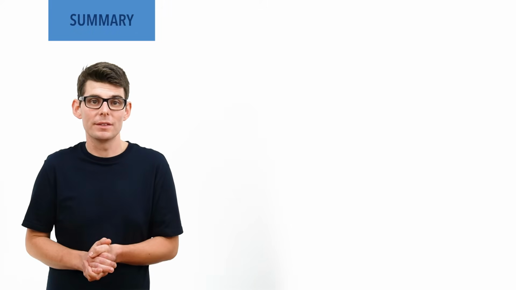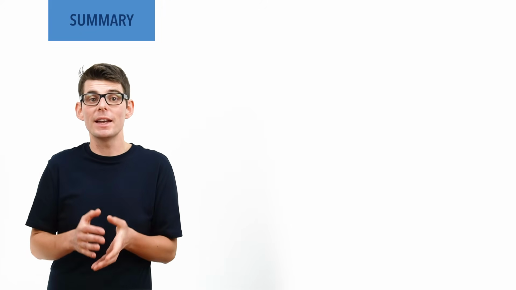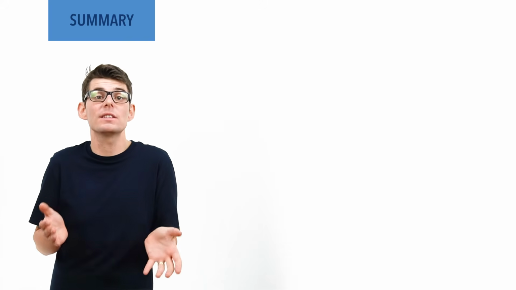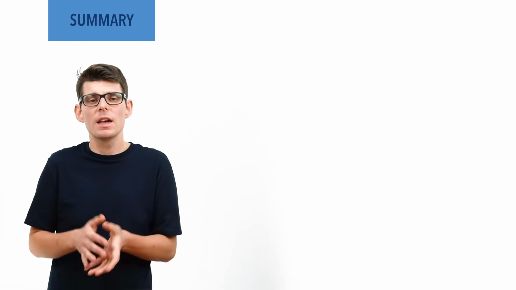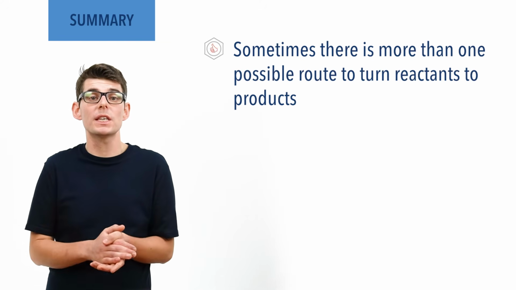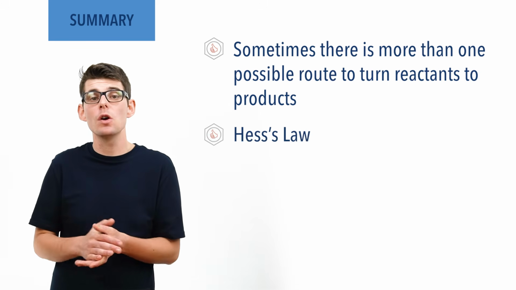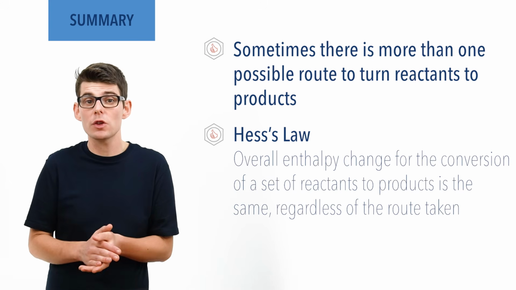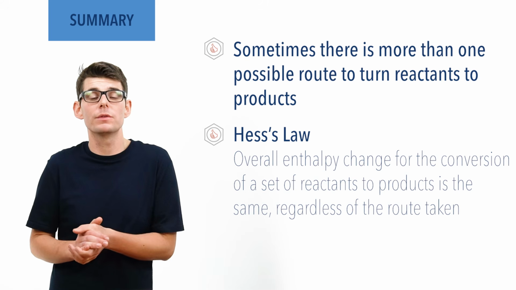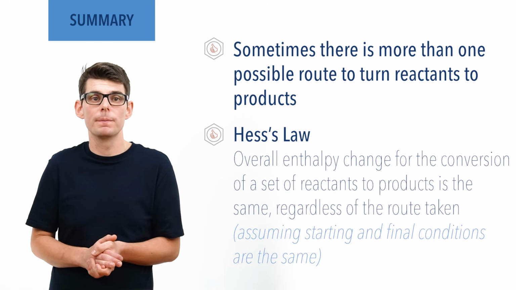So, to summarize, the enthalpy change of a reaction is determined by the energy of reactants compared to products. Enthalpy change is the difference between the two. Sometimes there is more than one way or route to go from particular reactants to products. Hess's law tells us that the overall enthalpy change for the conversion of a set of reactants to products is the same, regardless of the route taken, assuming initial and final conditions are the same.